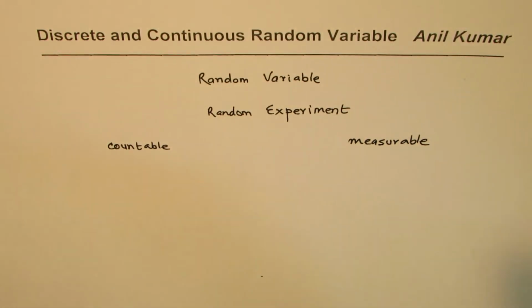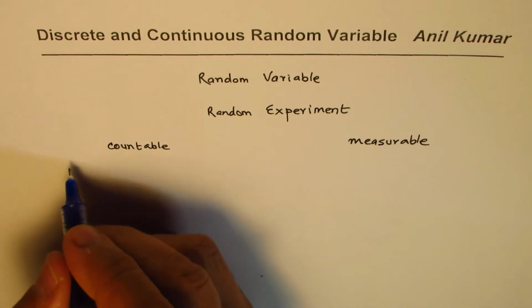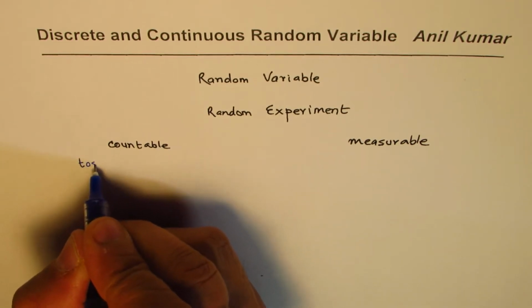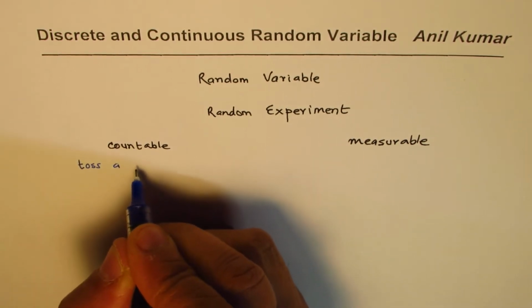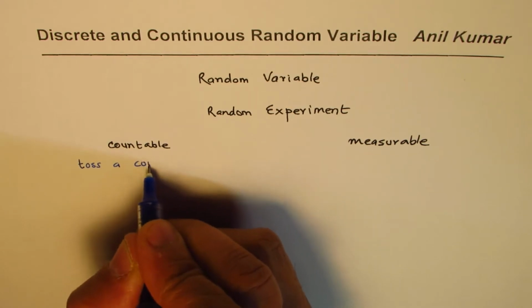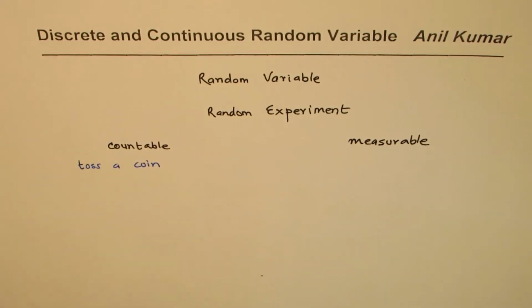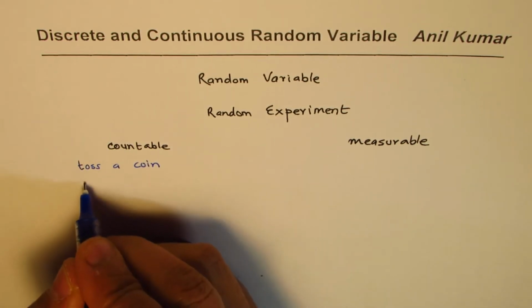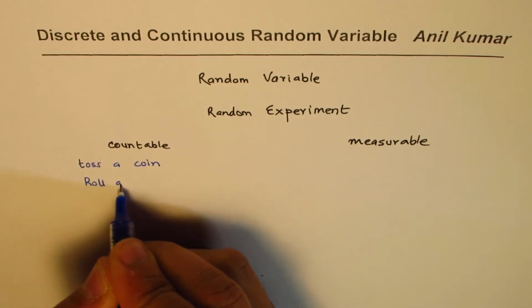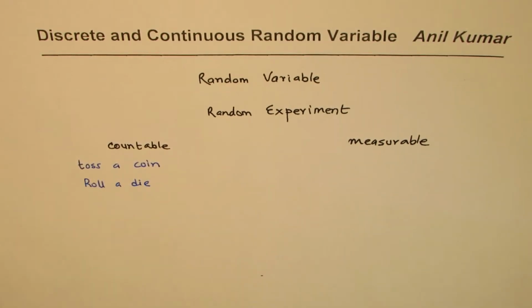Countable is like when you toss a coin: you can count how many times you get heads or tails. Or when you roll a die, or two dice, you can count the number of times one event happens. So those are countable types of experiments.